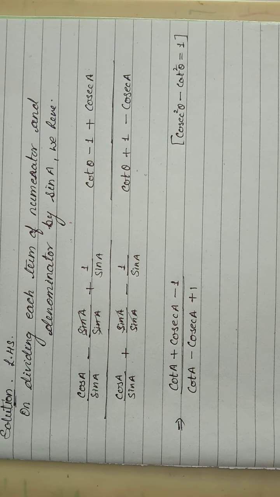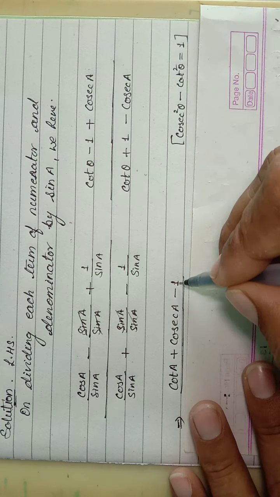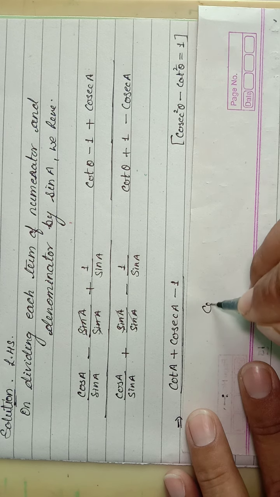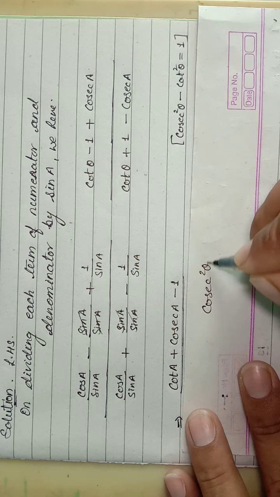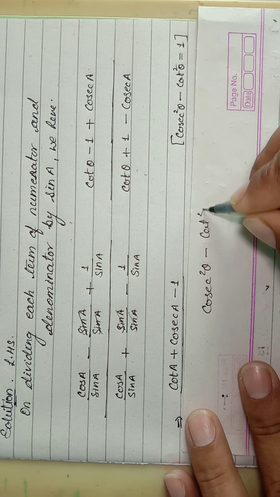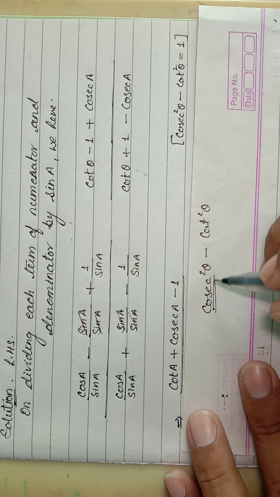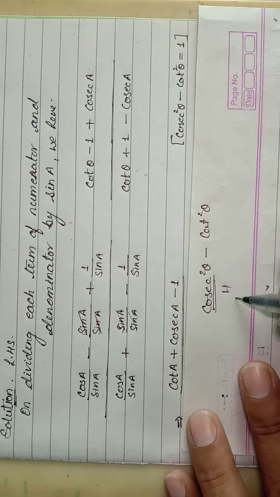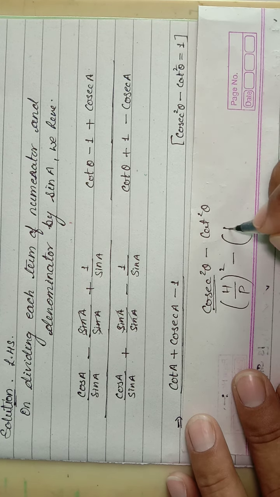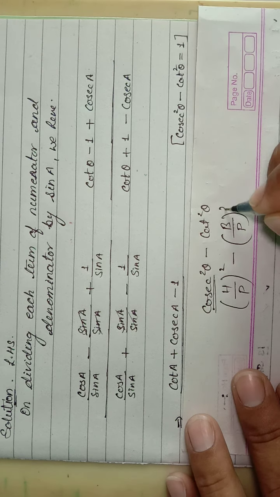How is it possible? I am going to show it. In place of 1, I am going to write cosec square theta minus cot square theta. The ratio of cosec theta is hypotenuse upon perpendicular, whole square, and cot is base upon perpendicular, whole square.